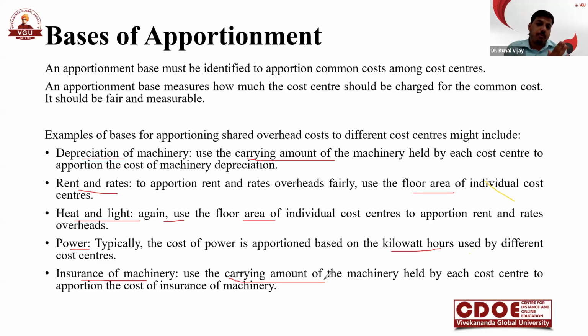Suppose A machine used by P department, B machine is used by Q department. So the amount of A and amount of B of the machine will be the basis of apportionment. Okay. So this is how we can check that. Okay. So these are the bases of apportionment.